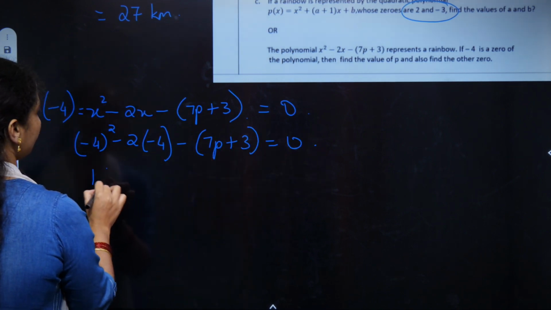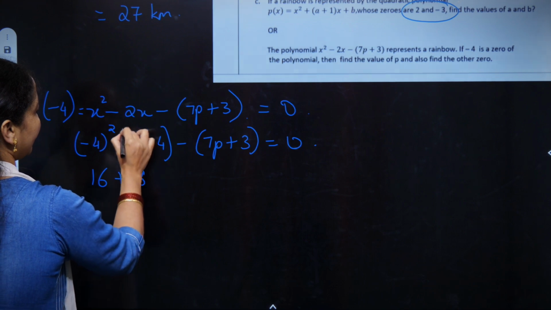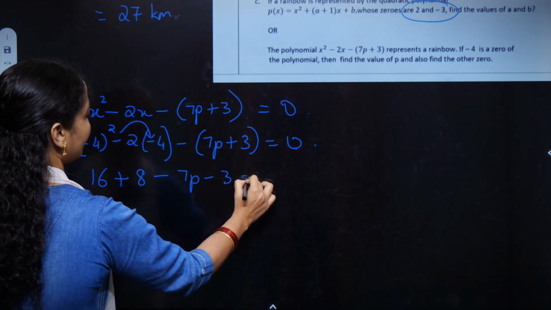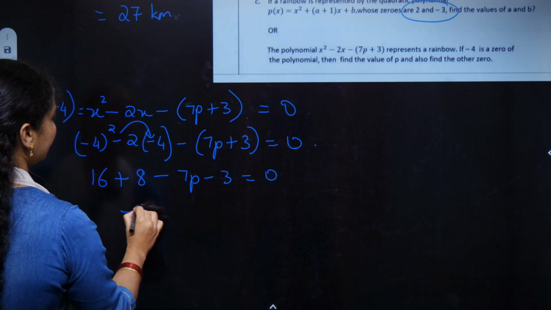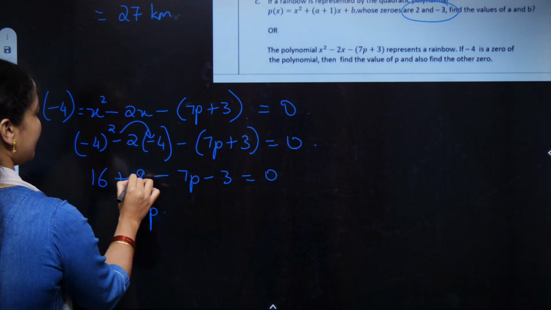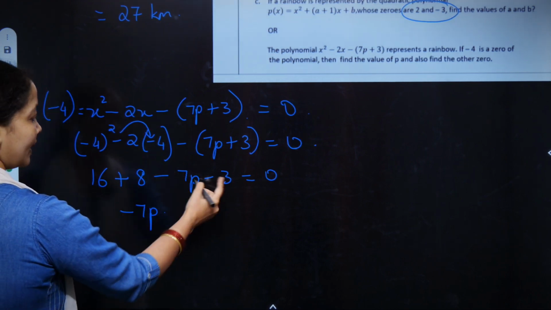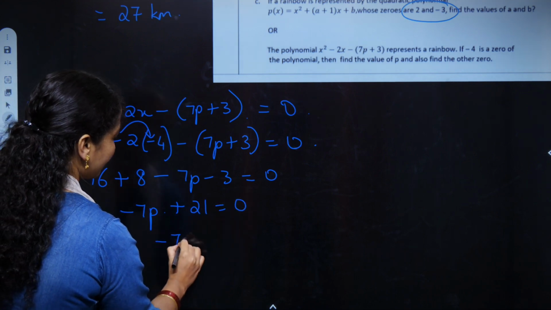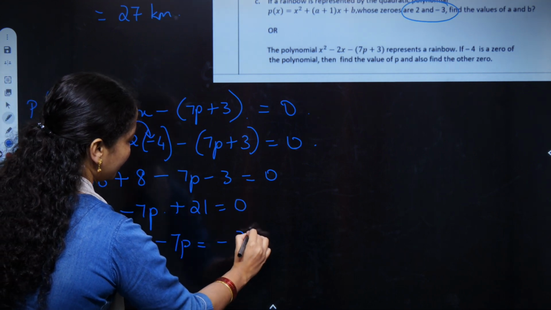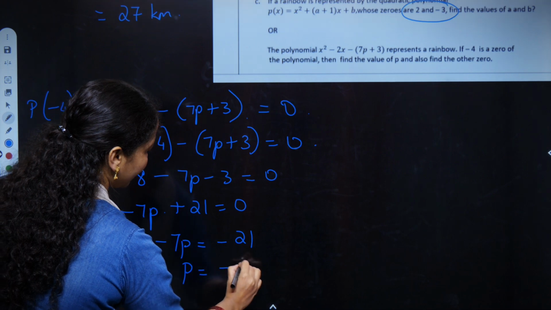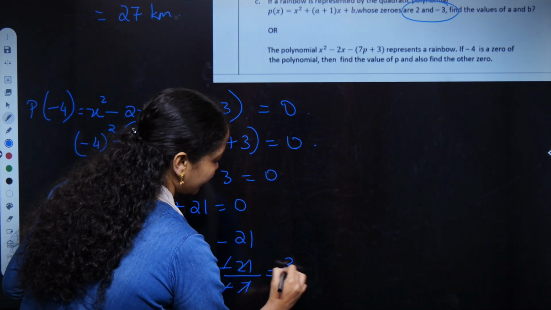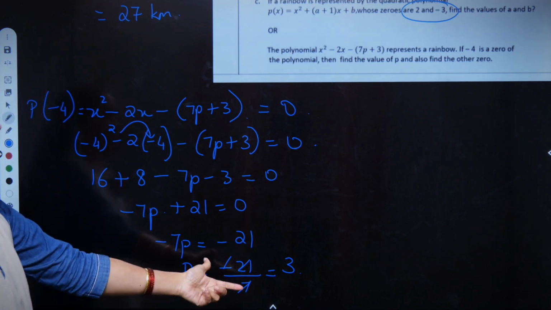So it's 16, plus 8, negative into negative is positive 8, minus 7p plus 3 equal to 0. 16 and 8 is 24, plus 3 is 27... equals minus 7p, giving negative 7p equal to negative 21, p is negative 21 by negative 7, which is exactly 3.